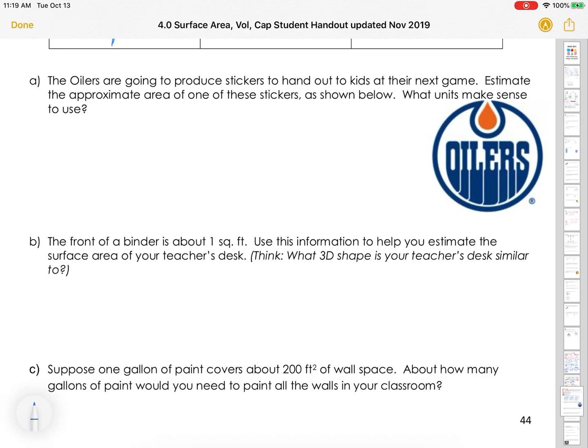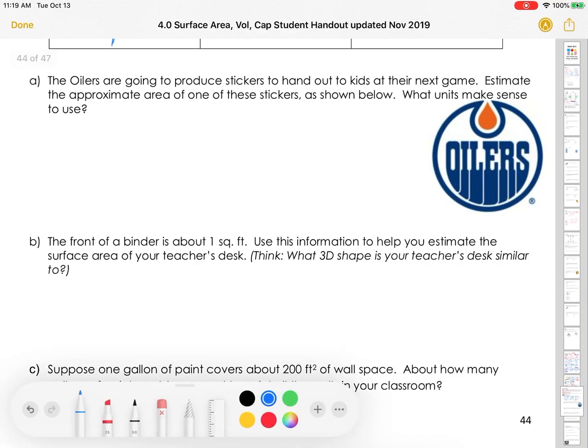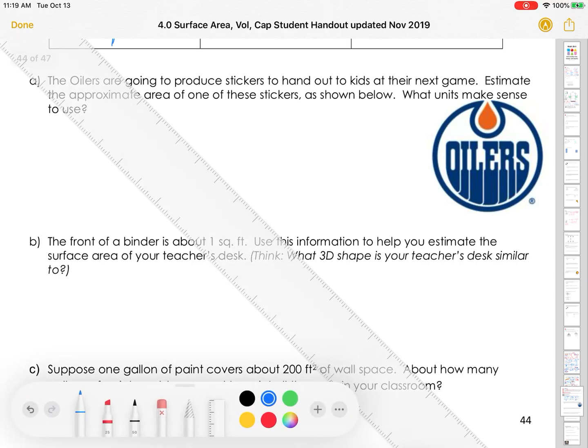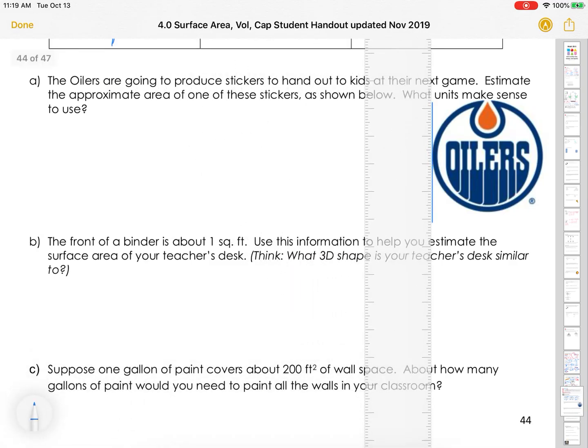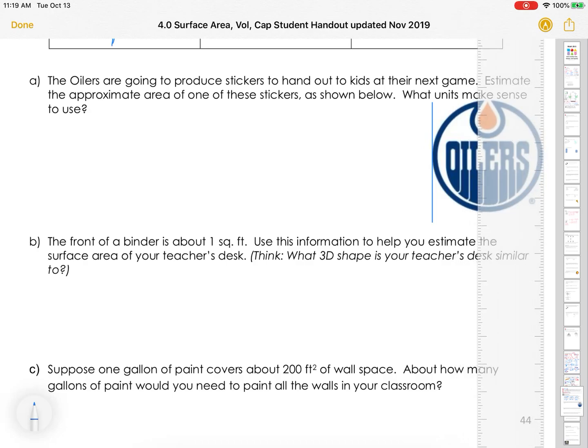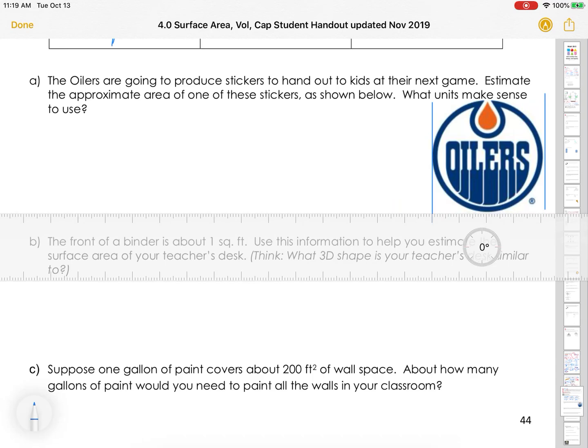The Oilers are going to produce stickers to hand out to kids for the next game. Estimate the approximate area of one of these stickers as shown below. What units make sense to use? So now I have a ruler, but I'm just going to map out the size of this.